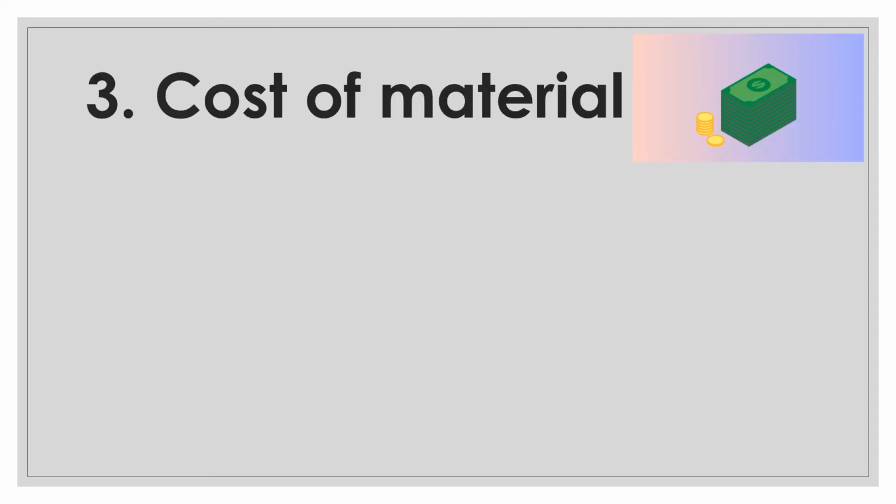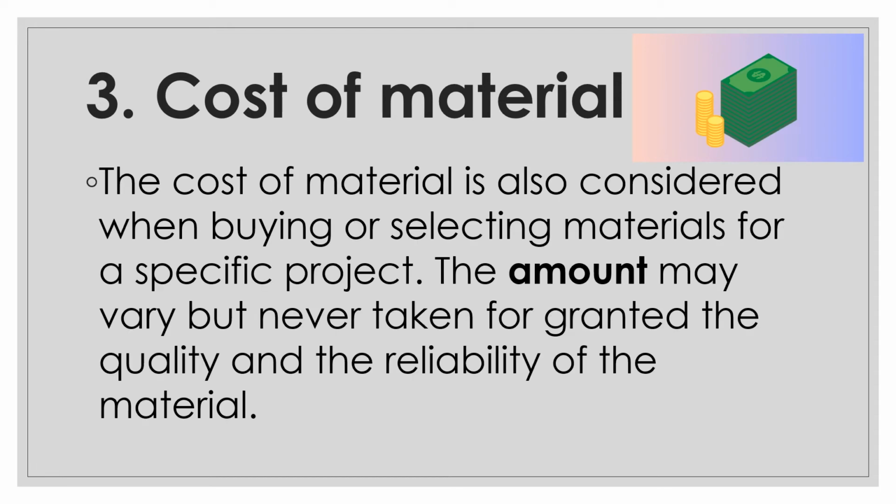Let's proceed with the last one, which is the cost of material. The cost of material is also considered when buying or selecting materials for a specific project. The amount may vary but never take for granted the quality and the reliability of the material. You have to consider these questions if you are going to buy a material.